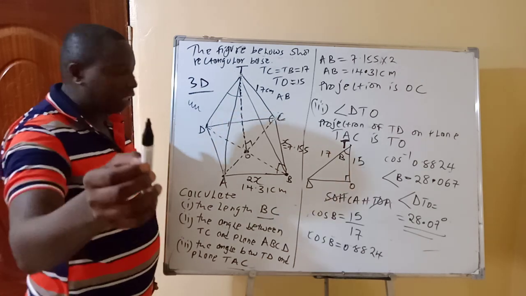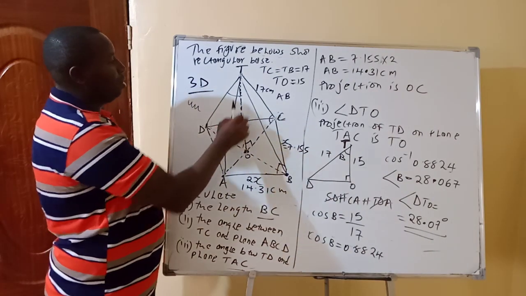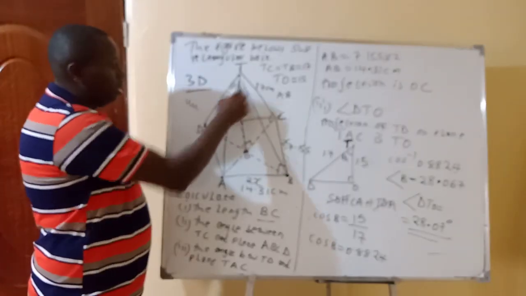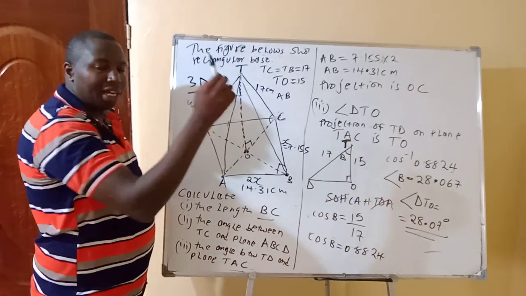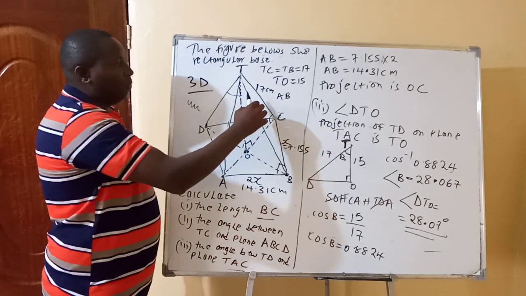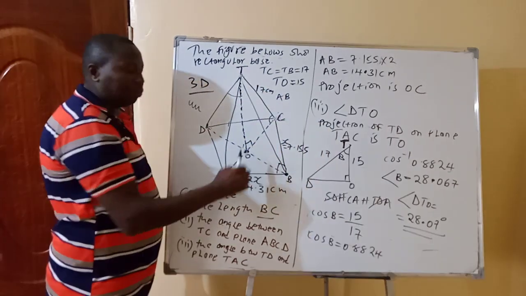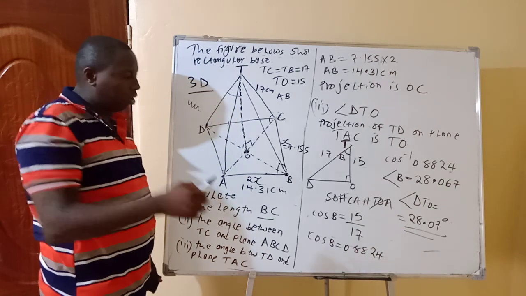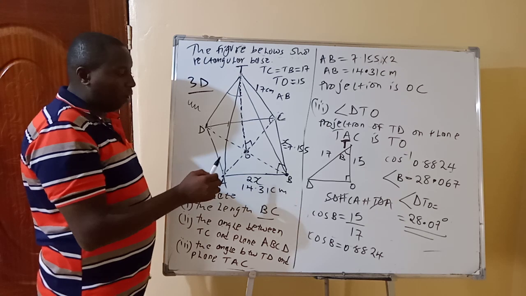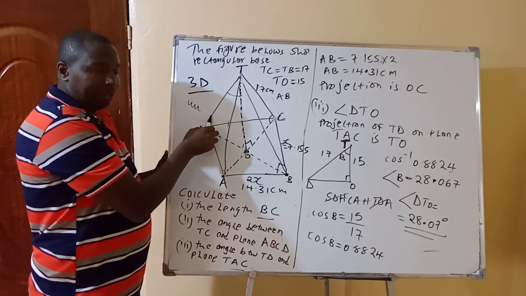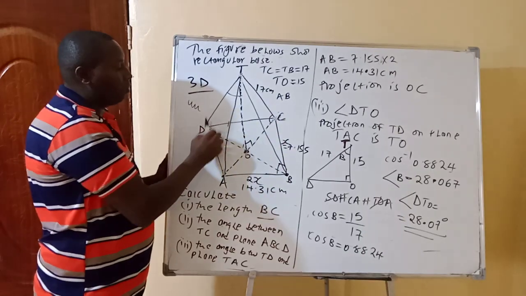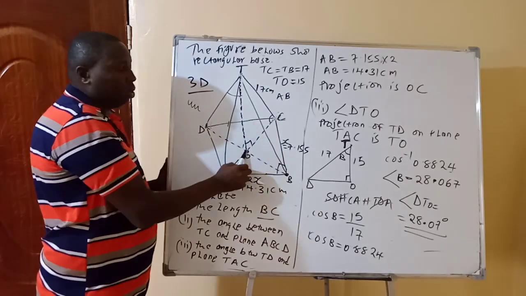The other one is the angle between TD and plane TAC. Identify point O, where the line from T makes an angle of 90 degrees on this plane. This line TD casts the shadow TO.